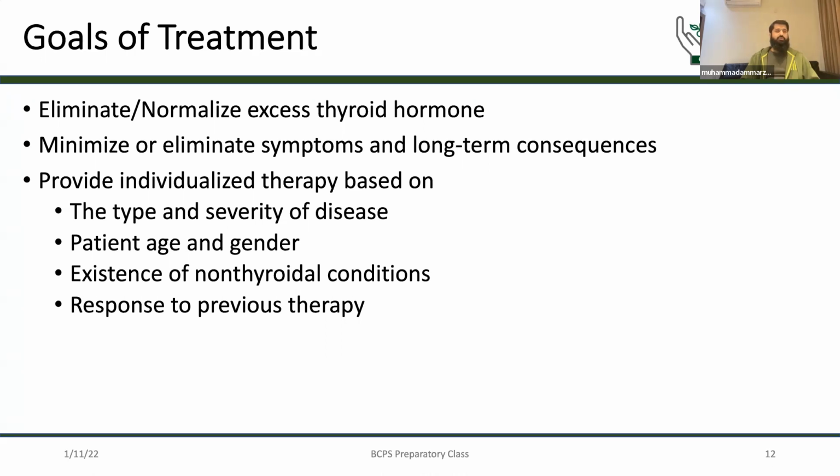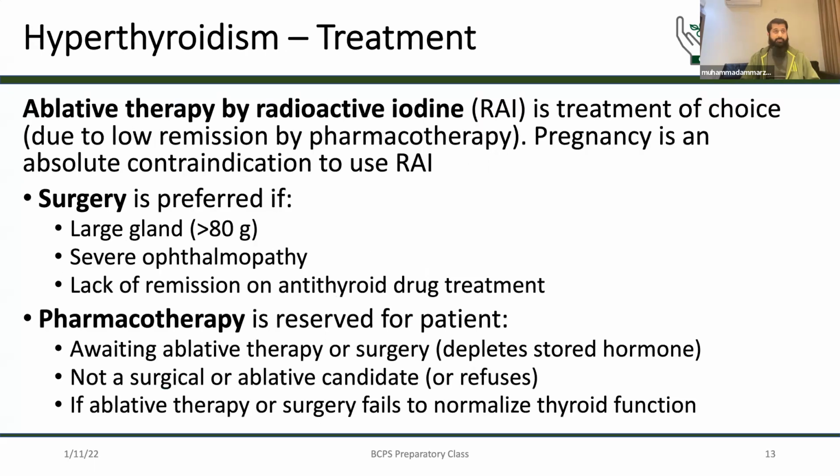For example, the patient could have comorbidities. There could be cardiovascular problems in the patient. So we have to individualize the therapy according to the patient, and according to the response to previous therapy. So we will try one therapy. If that fails, we can move to another one.